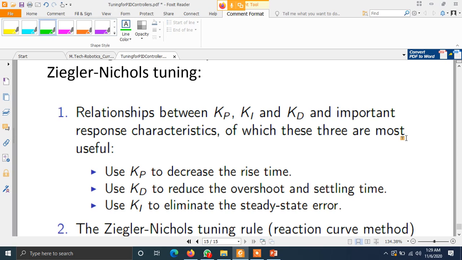Feedback always tends to increase the settling time, whereas no feedback reduces it, because continuous monitoring is there in a feedback system. That part will be reduced by Kd. Similarly, Ki, the integral time constant, will reduce the steady state error.